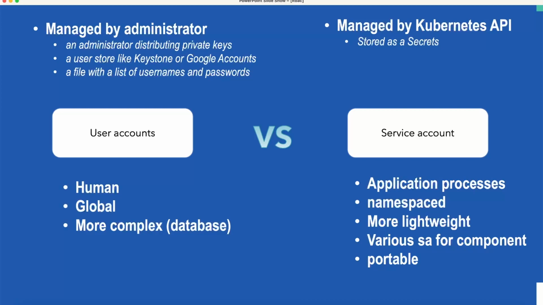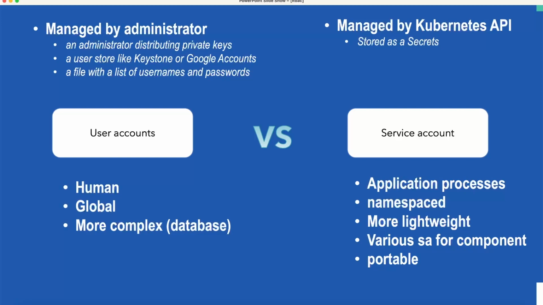User accounts are global. It means that if you create one user like Sina in the cluster, it's unique for the whole cluster. But service accounts are namespaced. It means that they are unique per namespace.